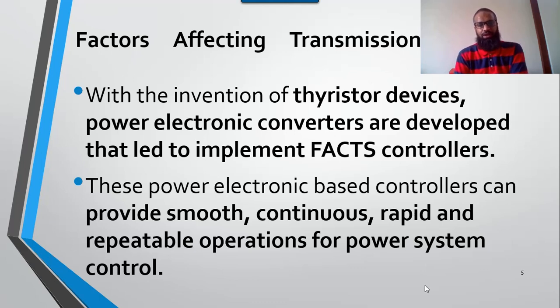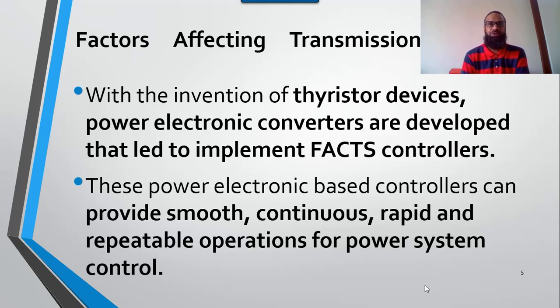So in order to improve this, we use FACTS devices. FACTS devices are basically based on power electronics or thyristor based devices, and they virtually produce the reactive power. Based on these FACTS devices, we can smooth the response of the power transmission line.